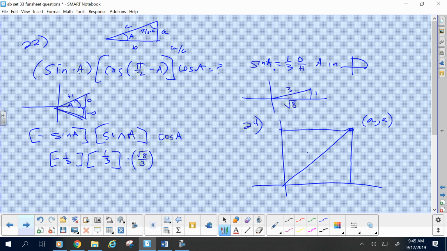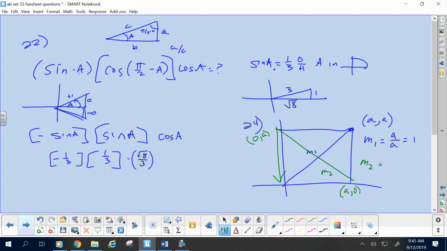What is M1? M1 is rise over run. A over run A. So the slope is 1. Cool. How about this slope? M2. Now this goes from 0, A to A, 0. So M2, what's the rise?